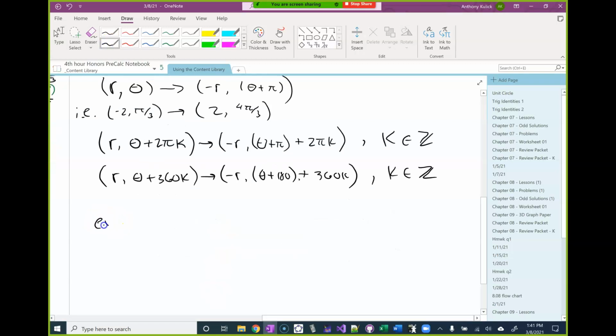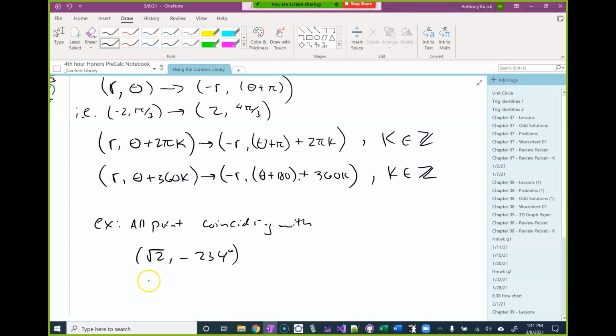So if I want all the points coinciding with, say, square root 2 and then negative 234, I'm going to have square root of 2, comma, negative 234 plus 360k.